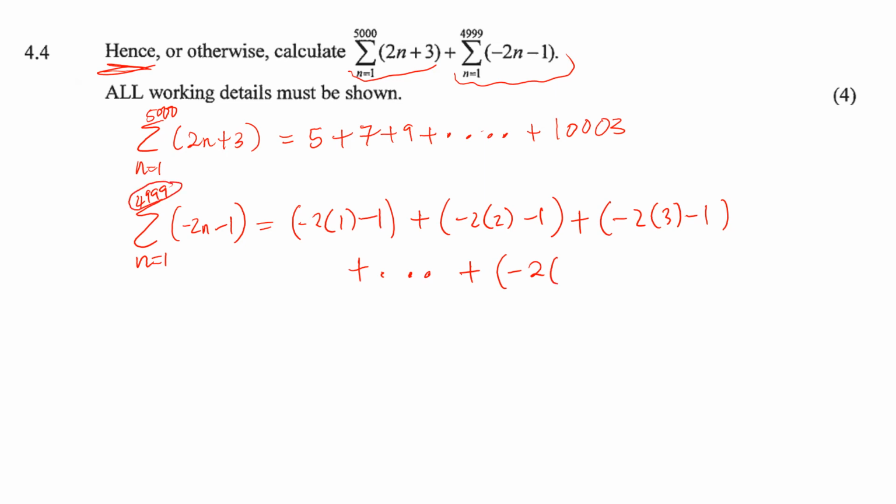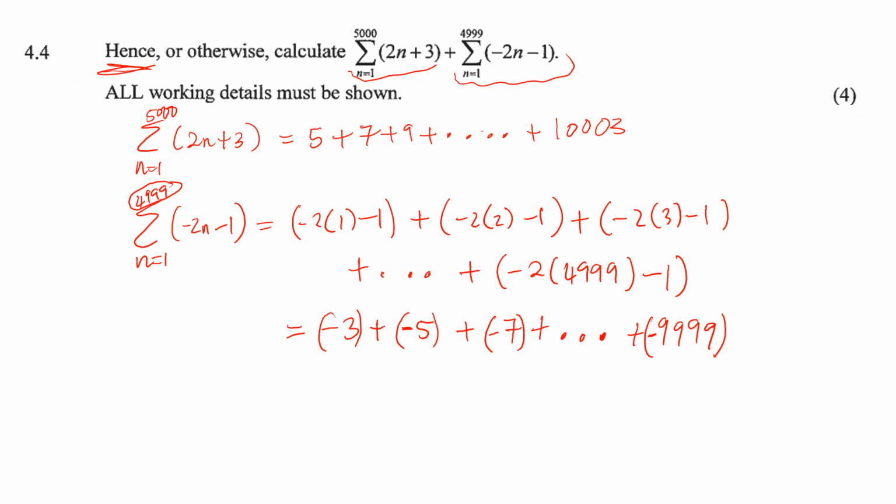It's when n is equal to 49999, right? So 4999 minus 1. All right, so we can just simply use a calculator to get the answer of those. When we simplify, it's going to be minus 3 plus minus 5 plus minus 7 plus, and the last term will be minus 9999.